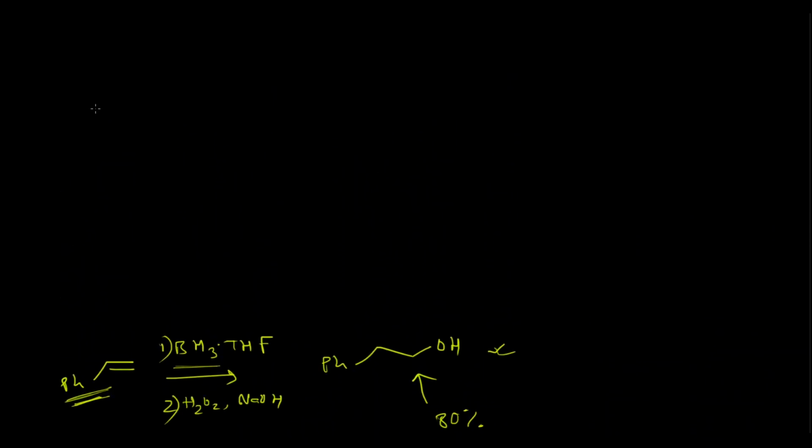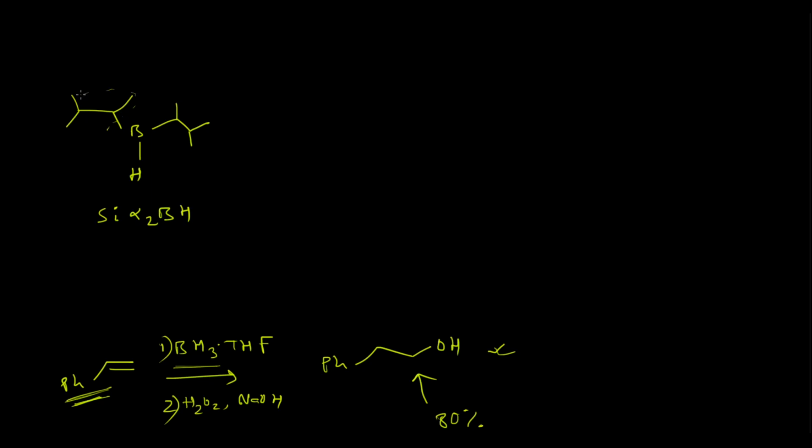There are several bulky boranes which are used as hydroborating agents. For example, this is an example of dicyamyl boron, which is also written as Sia2BH.